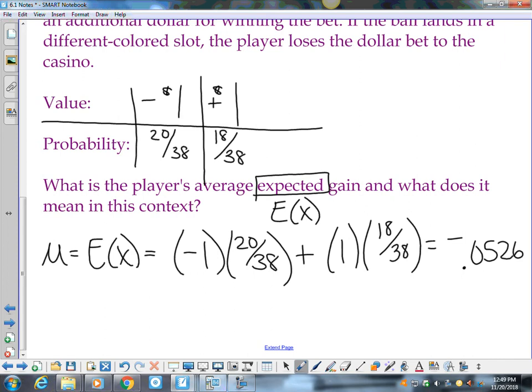Okay, so it says that we are expected to lose 5 cents every time we play. Guys, am I going to lose 5 cents ever? No, I'm either losing $1 or I'm gaining $1. But what this is saying is based on these odds, in the long run, win some, lose some, on average, I'm going to walk away losing 5 cents. The odds are always in favor of the house.